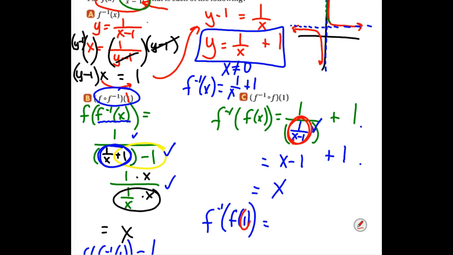If I changed this to anything other than a 1, I'd be able to do this question. But for a 1, that was our restricted value in this inside function, I can't do it. There's no solution to that part of it. I can still do the composition and show that everything drops out, but I can't evaluate it at 1.